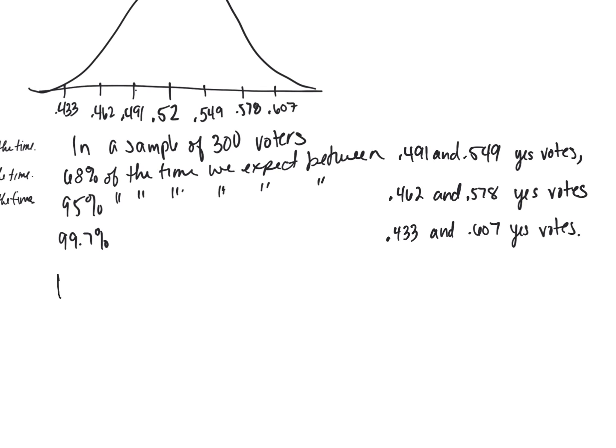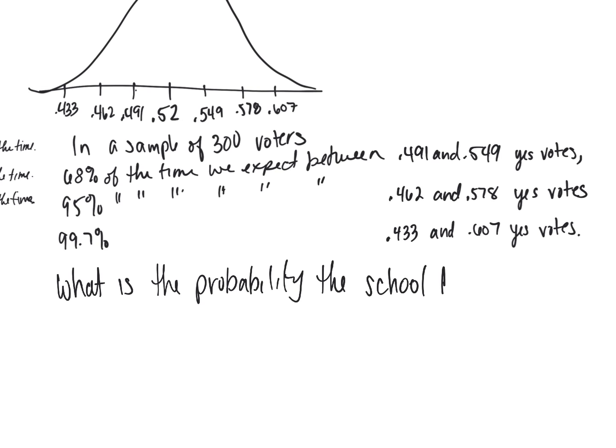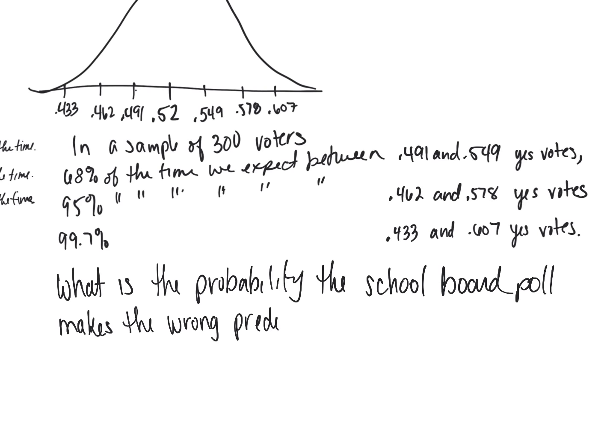What is the probability the school board poll, this is the second question on the next slide, makes the wrong prediction? What would it mean to make the wrong prediction?